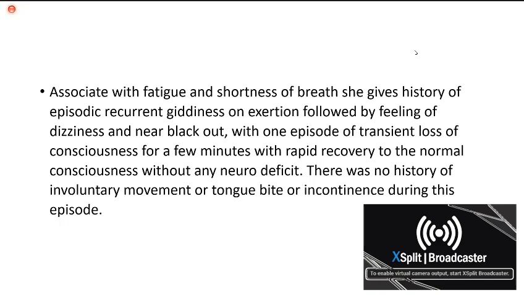Yes, sir. So we have to think of those possibilities, whether the patient has developed some degree of pulmonary arterial hypertension, very rapidly progressive, and that has resulted in significant symptoms, and the patient has developed a blackout also. Very rapid AF can sometimes also lead to hypotension. Yes, AF can, but if the patient is having a blackout, I would think more in favor of a ventricular arrhythmia rather than atrial fibrillation.